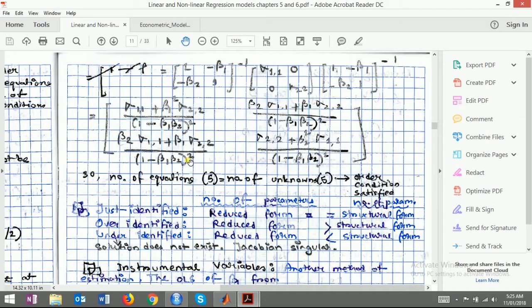So the number of equations here is 5, which equals the number of unknowns.